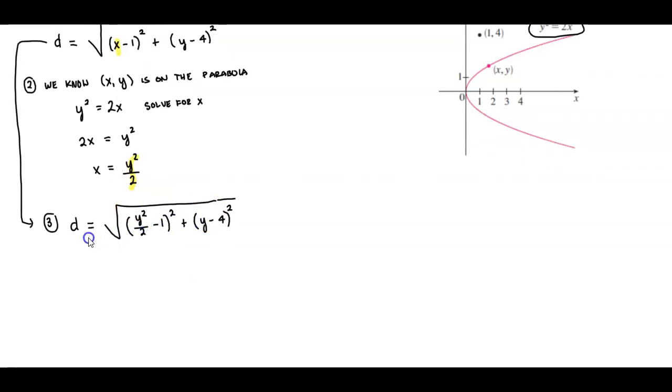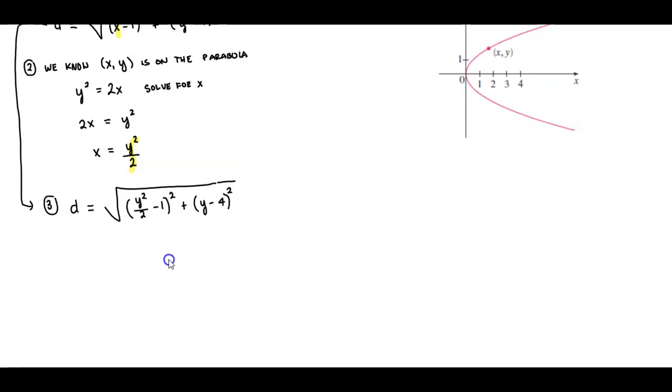Okay, so now let's go ahead and square both sides. If we square both sides, then we can say that d squared is going to equal (y squared over 2 minus 1) squared plus (y minus 4) squared.